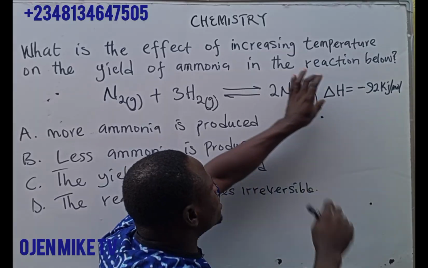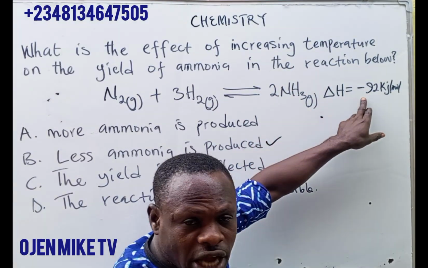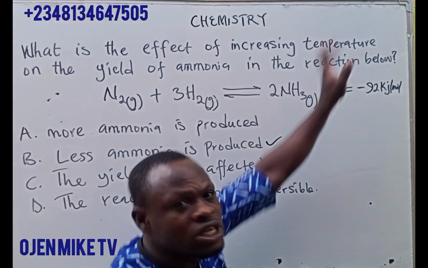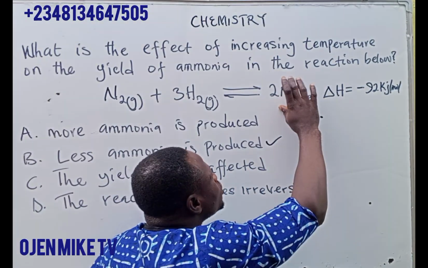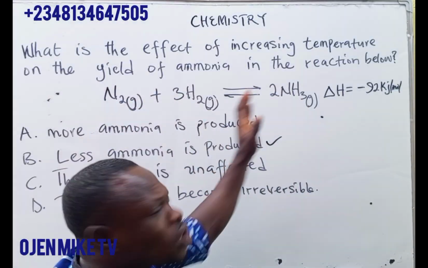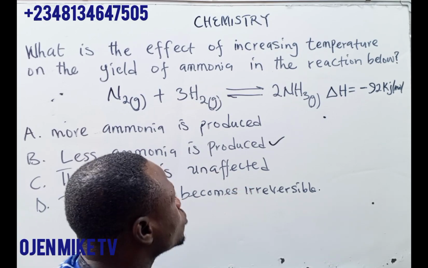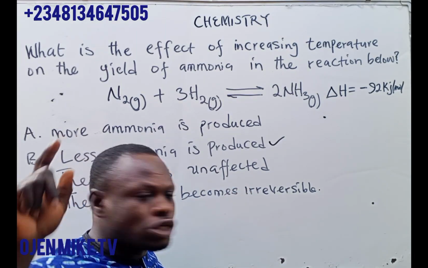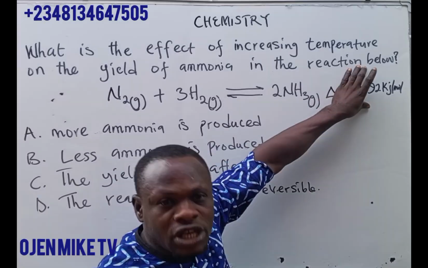Remember, in this Haber process, heat is being released because it's an exothermic reaction. So if you now add more temperature, the equilibrium will try to shift to this side in order to cool the temperature. That is why less ammonia is produced, because here more heat is being released.